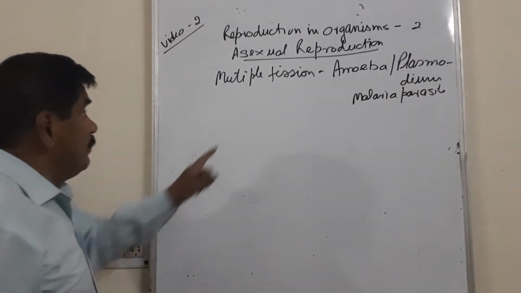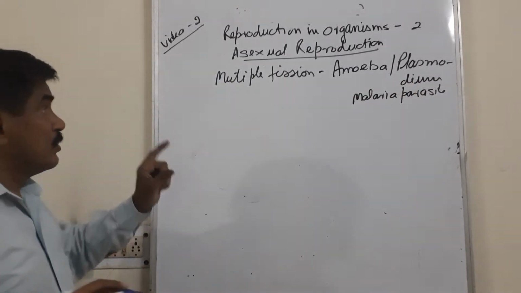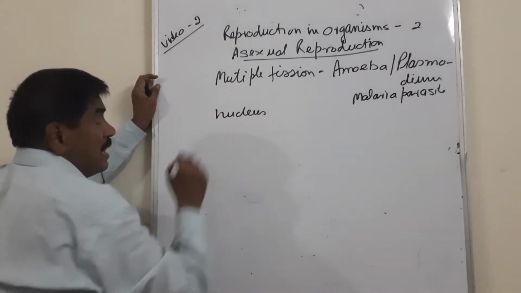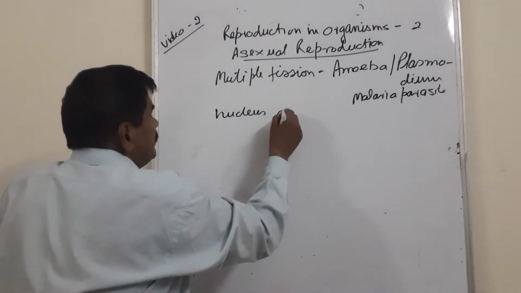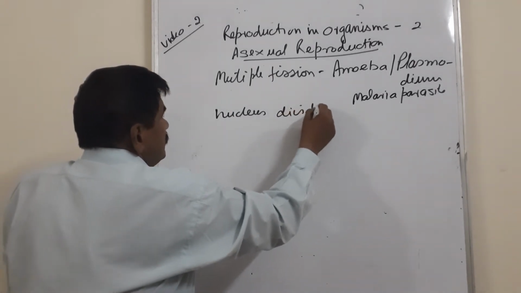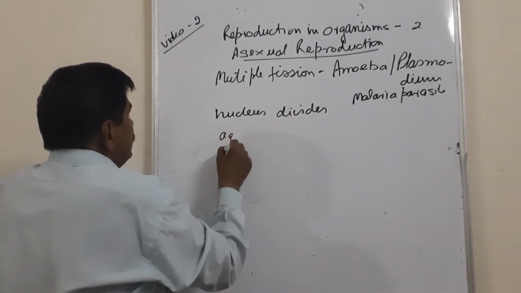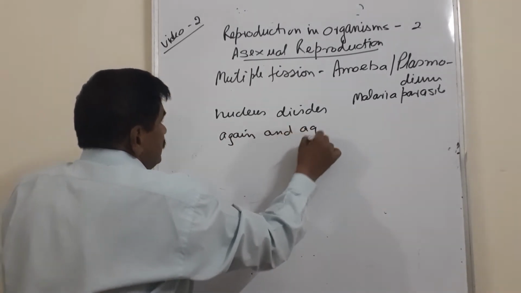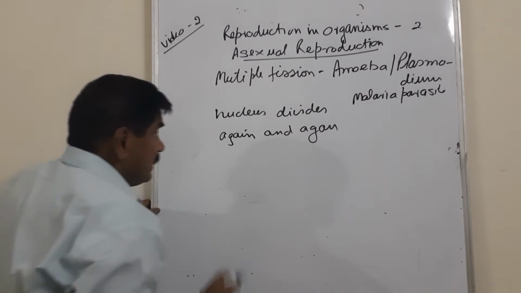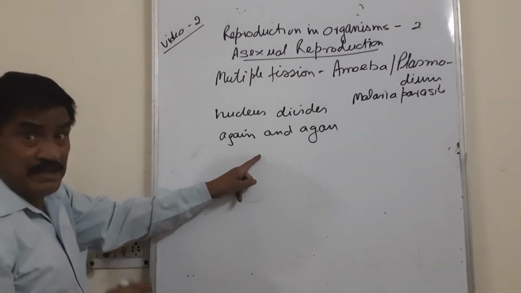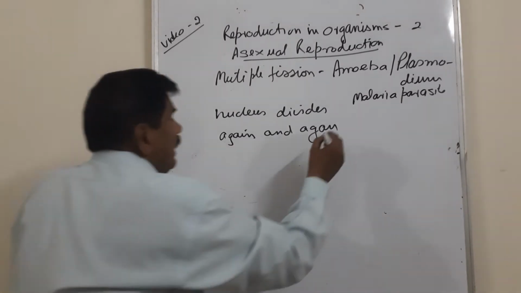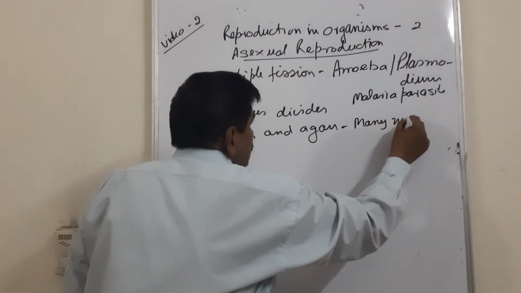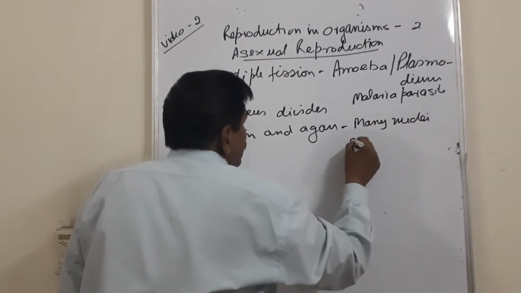In this type of fission, the nucleus of the cell divides again and again. Therefore, it is called multiple fission. Division many times, and many nuclei are formed.